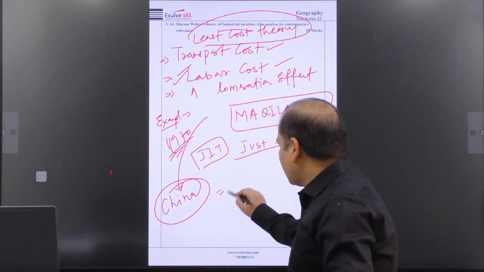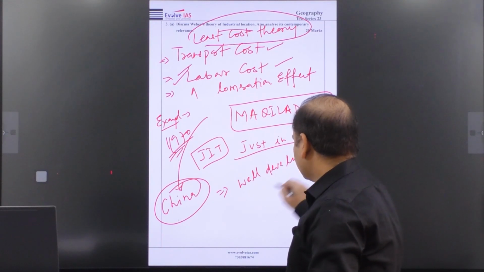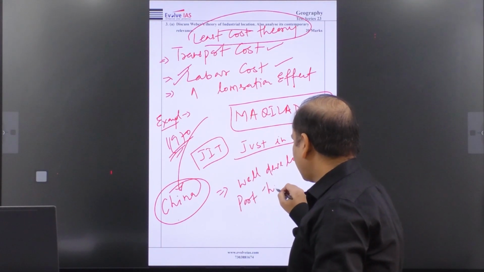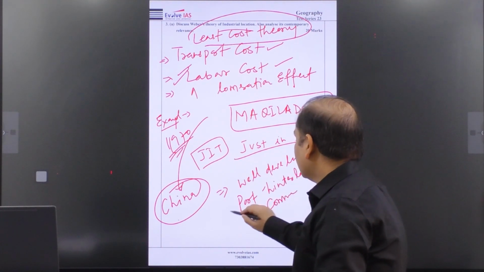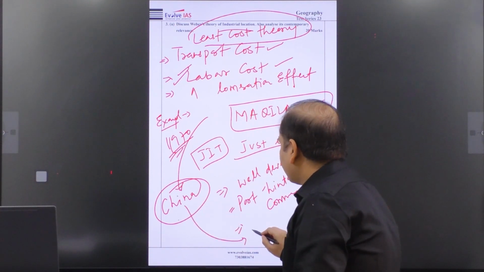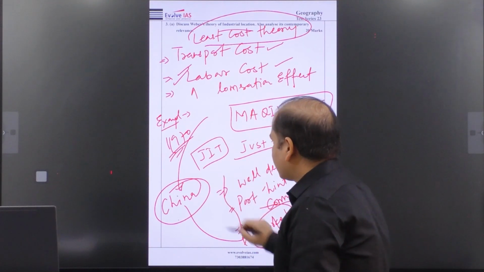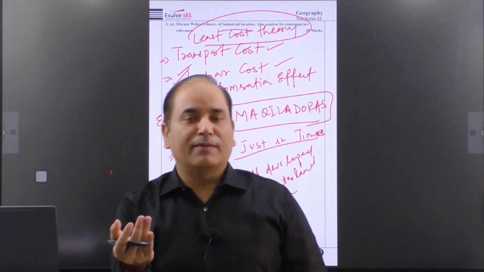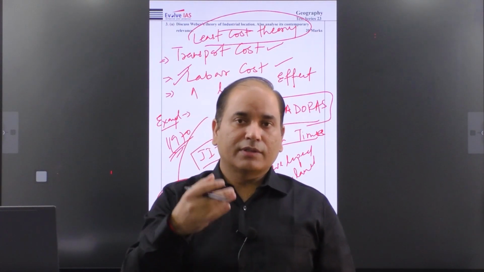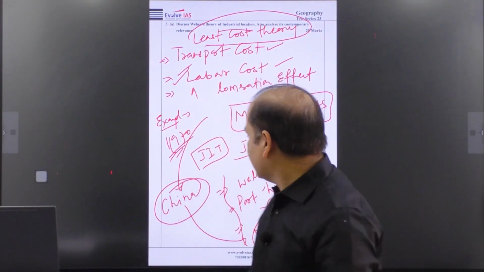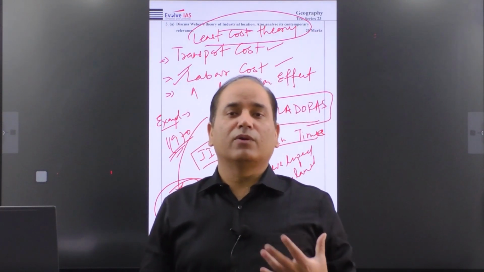On top of it, it also has well-developed port hinterland connectivity. And on top of it, China itself is one of the biggest markets. So based on all those factors, American companies, Western companies, all those companies shifted their manufacturing from the maquiladoras to China, and this is how China became a global manufacturing hub.